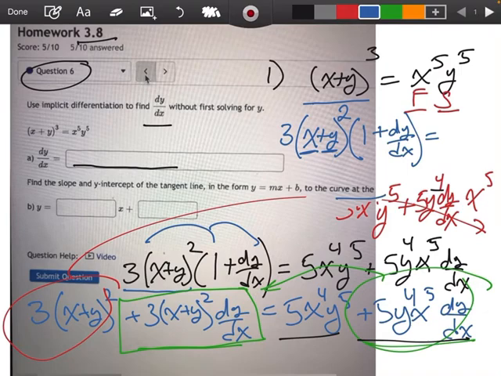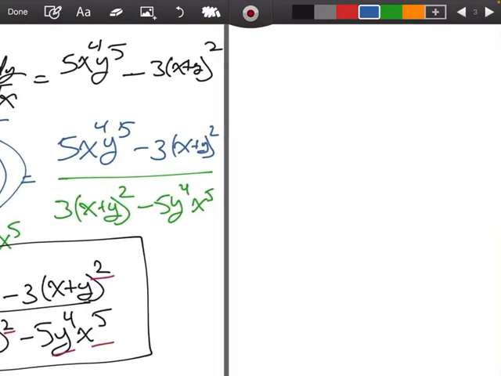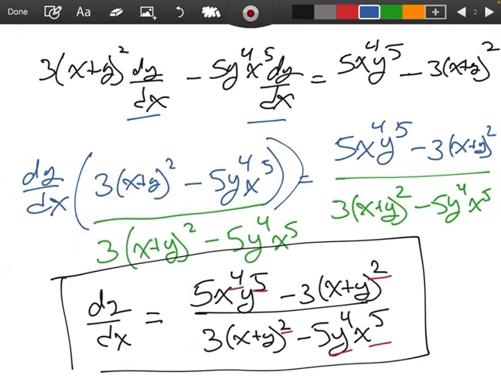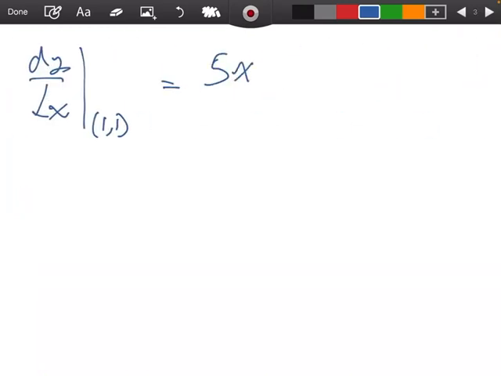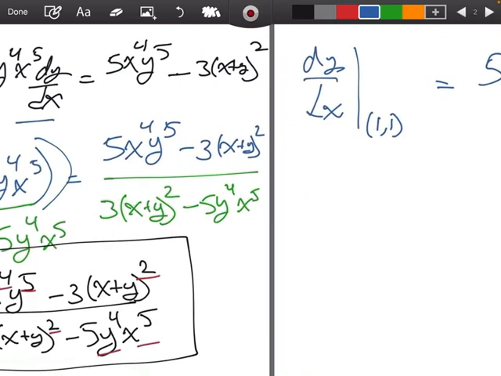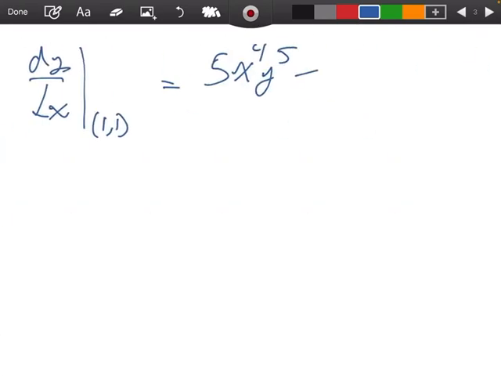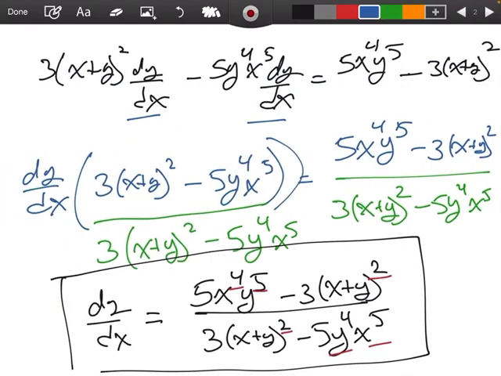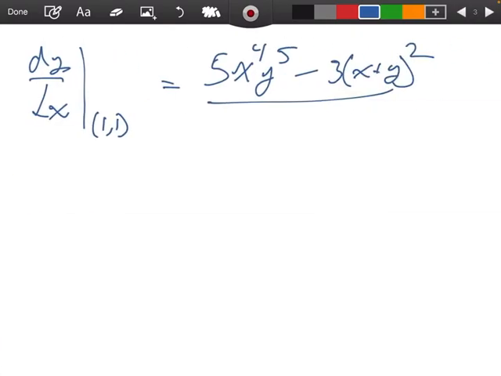So I don't know what the point is. I want to say, is the point (1, 1)? I think it was (1, 1). Let's try doing it that way. I'm not even sure if that's the point they gave us, but let's try (1, 1), because I think when we did a problem like this in class the other day, that was the point we had. (5x^4 y^5 minus 3(x + y)^2) over (3(x + y)^2 minus 5y^4 x^5).